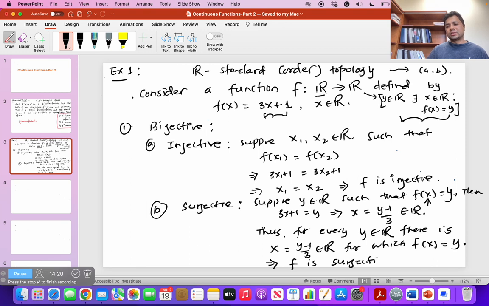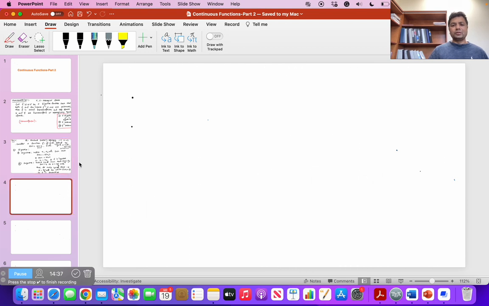Since our function is both injective and surjective, the given function f is bijective. That's the first condition for the function to be a homeomorphism. You can also check that this function is bijective using the graph.